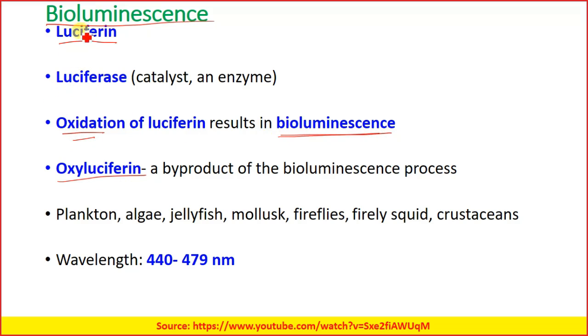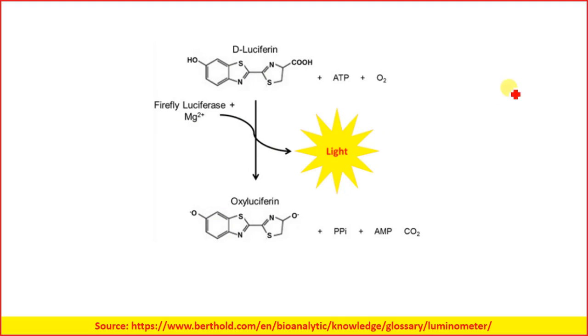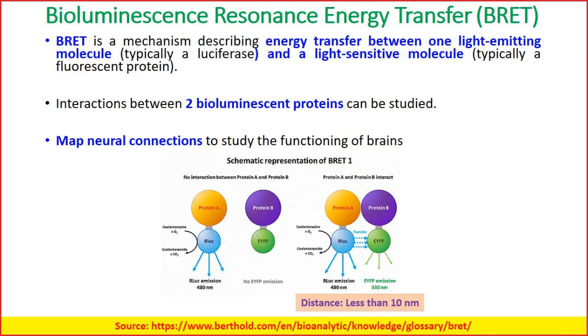This oxidation of the luciferin occurs in the presence of the enzyme luciferase, which acts as a catalyst. And we have seen that at a wavelength of 440 to 479 nanometer, we have this bioluminescence. This is the chemical reaction which usually takes place in most of the cases.